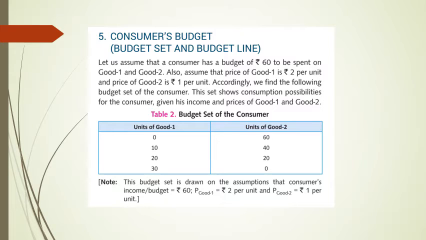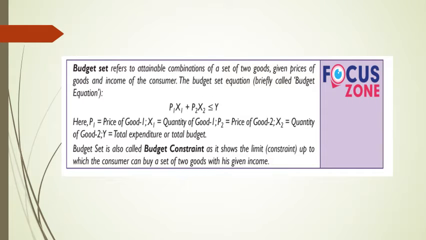So there can be various other combinations that a consumer can buy given his income and prices of good 1 and 2. So budget set is also called budget constraint as it shows the limit up to which the consumer can buy a set of two goods with his given income.